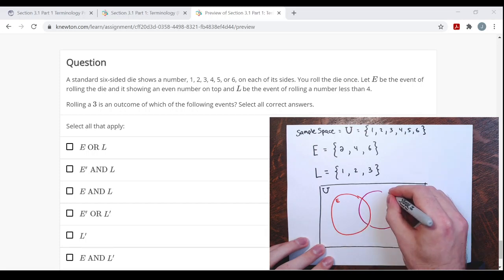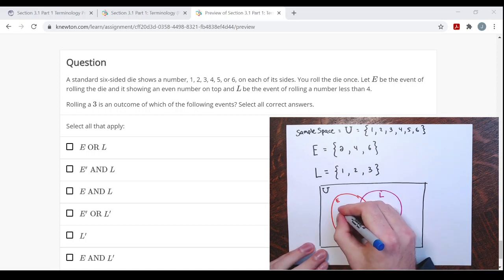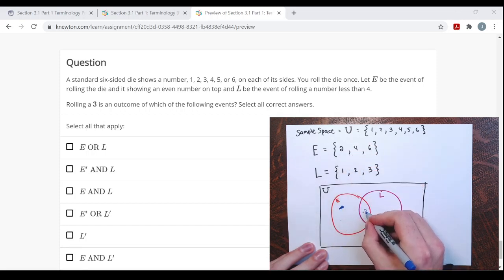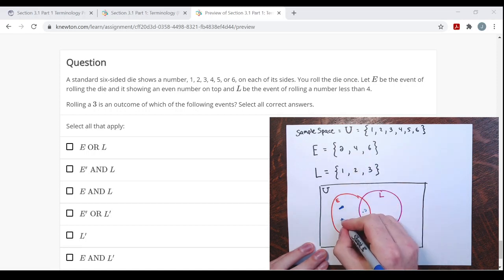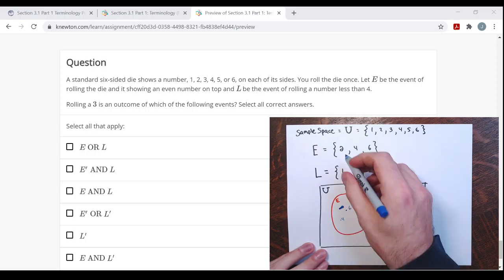So here's L. Okay, and then I'll list the outcomes. We have 2. Oh, sorry. 2 should be in the overlap. They both have 2. So there's 2. And then 4 and 6 aren't in L. So there's 4 and 6, and 1 and 3 aren't in E. They're in L though.